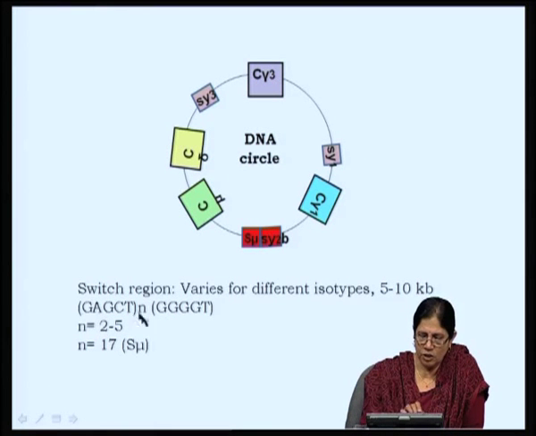These sequences also have some motifs: the sequence reads as GAGCT n times followed by GGGGT. Now, this n can be 2 to 5, or n can be 17, as one can see in the switch mu region.